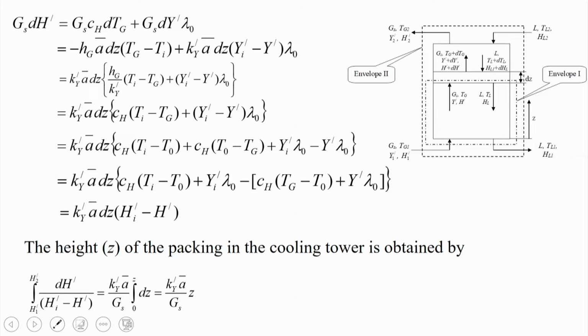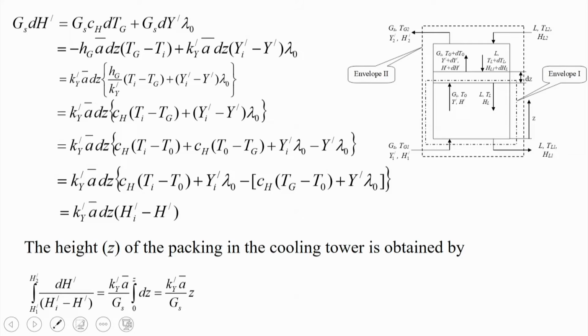Just by manipulating these two terms on the right hand side of this equation, we will be getting Gs into dH prime is equal to minus Hg into A bar into dz into (Tg minus Ti) plus Ky prime into A bar into dz into (yi prime minus y prime) into lambda 0. That is nothing but Ky prime into A bar into dz, in the bracket we will be getting Hg by Ky prime into (Ti minus Tg) plus (yi prime minus y prime) into lambda 0.